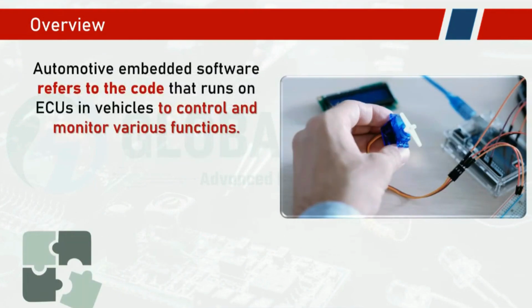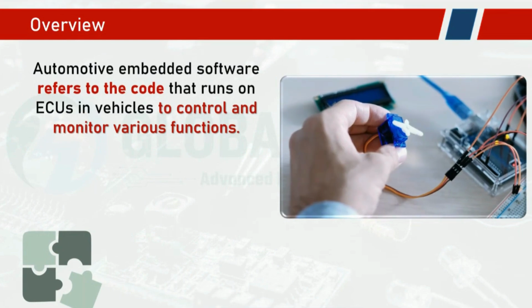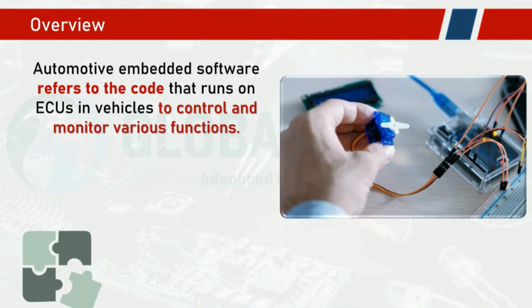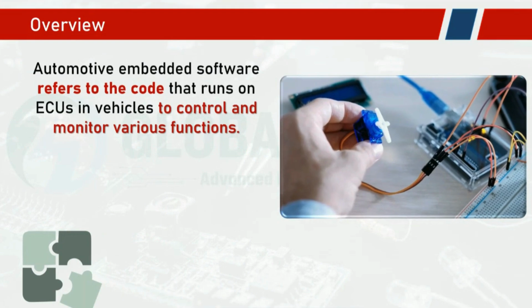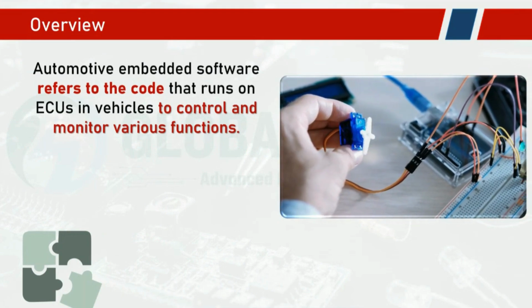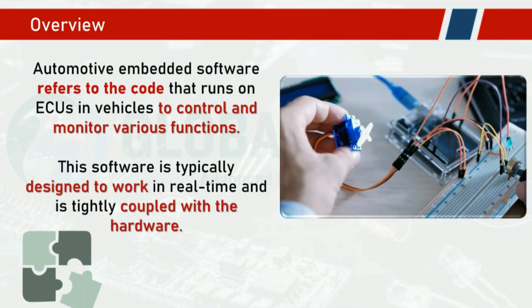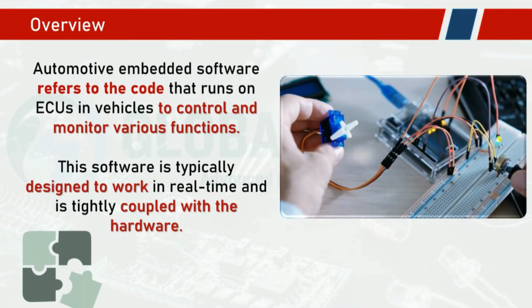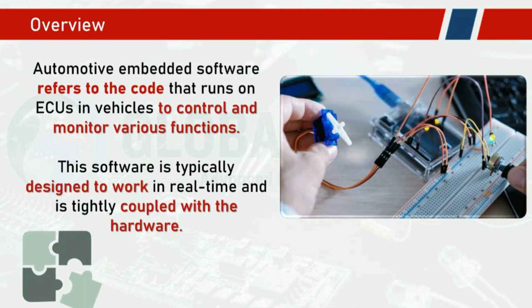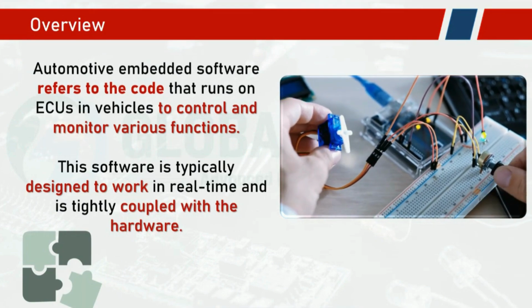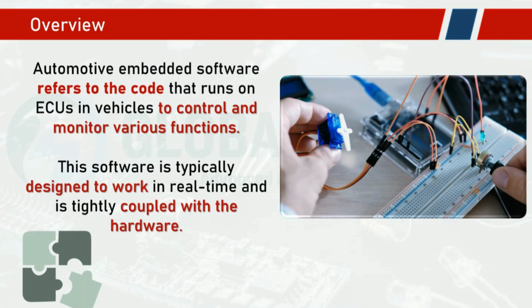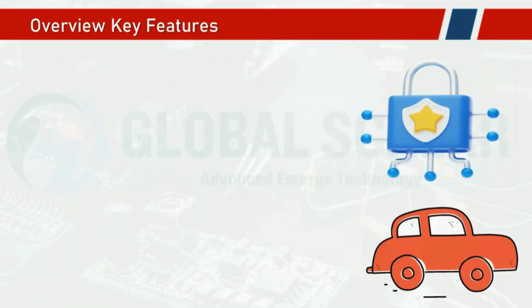Automotive embedded software refers to the code that runs on ECUs in the vehicle to control and monitor various functions. The software is typically designed to work in real time and is tightly coupled with the hardware. So with respect to the hardware and the software, we check the response and the performance.